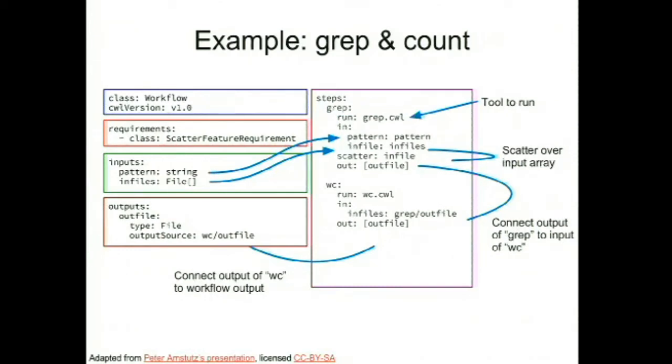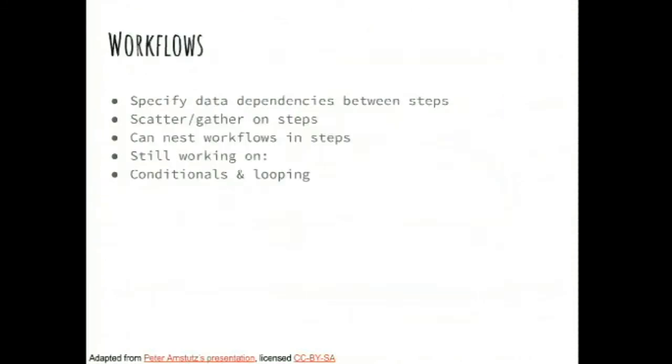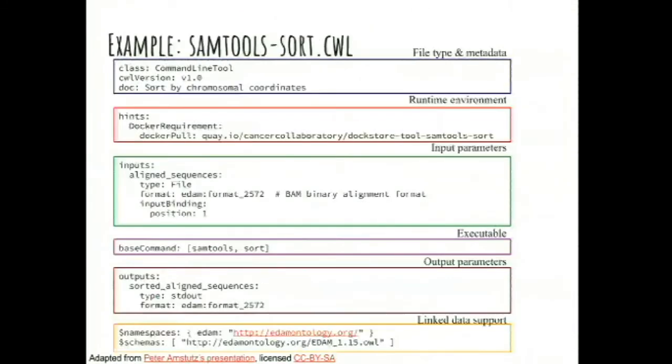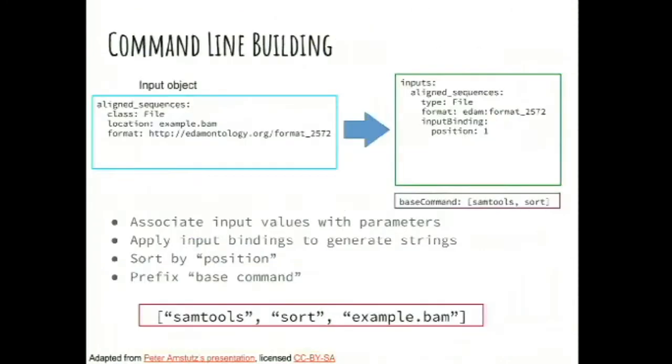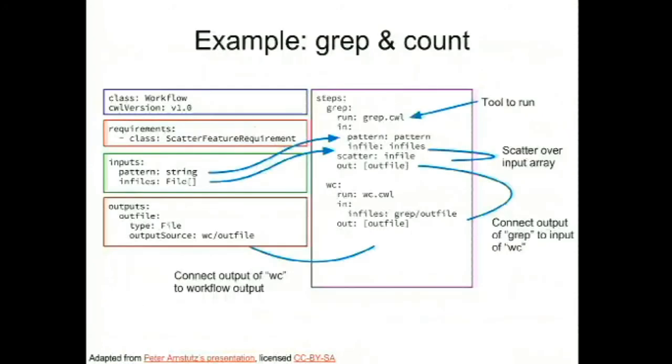Because this grep.cwl is a whole separate file describing that. And a workflow can be a step in another workflow. So we really designed to enable this modularity. You can also import and include snippets from other files. We tend to use that for custom types. It could be cleaned up some, but that's what we're doing now.